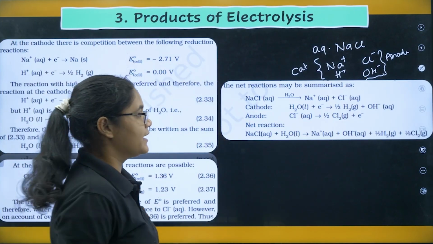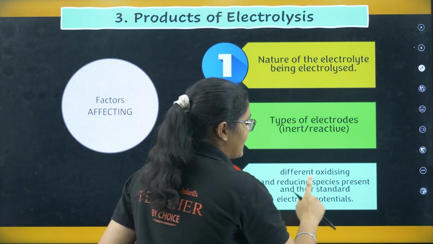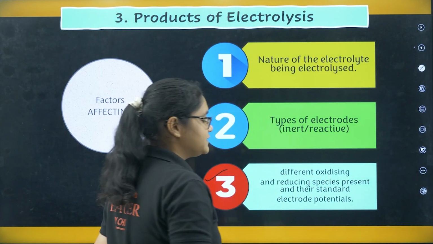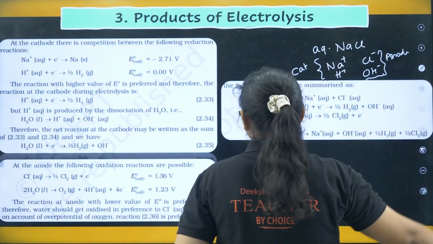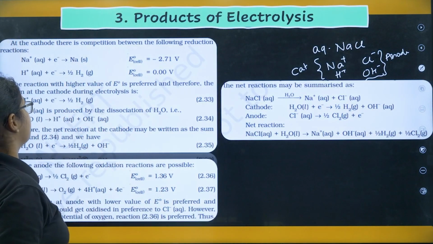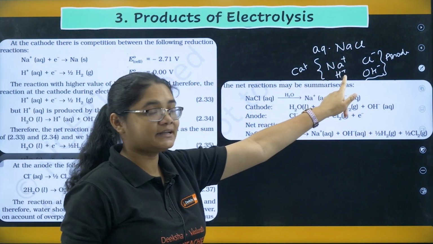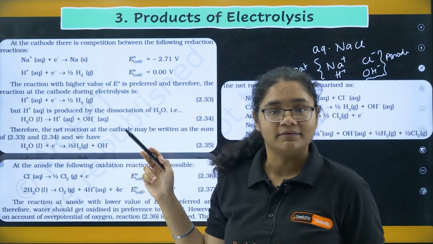So how do we check that? Here comes the third point that we talked about: different oxidizing and reducing species present and their standard electrode potentials. So this point we will explain now. At the cathode there is a competition between the reduction reactions. We have Na plus and H plus. What is the reduction potential of Na plus? Minus 2.71.